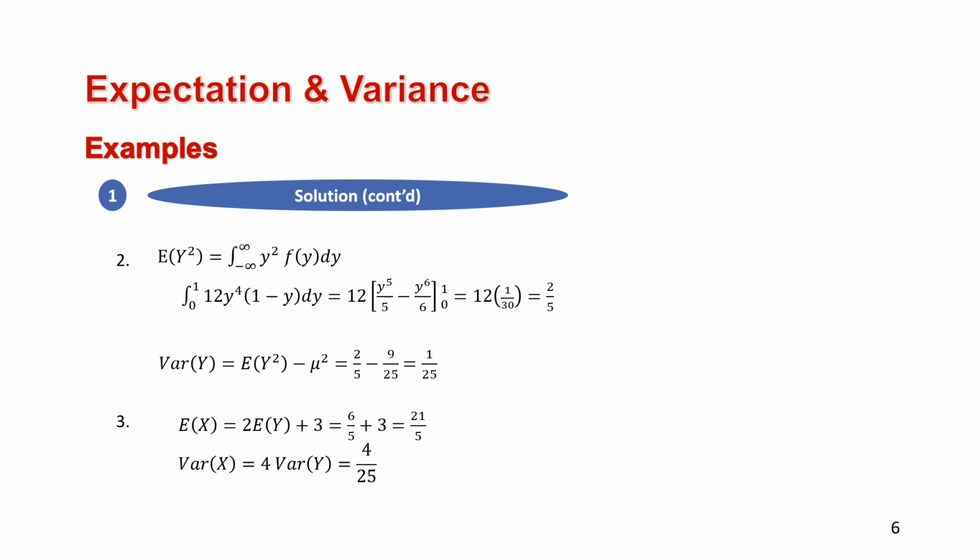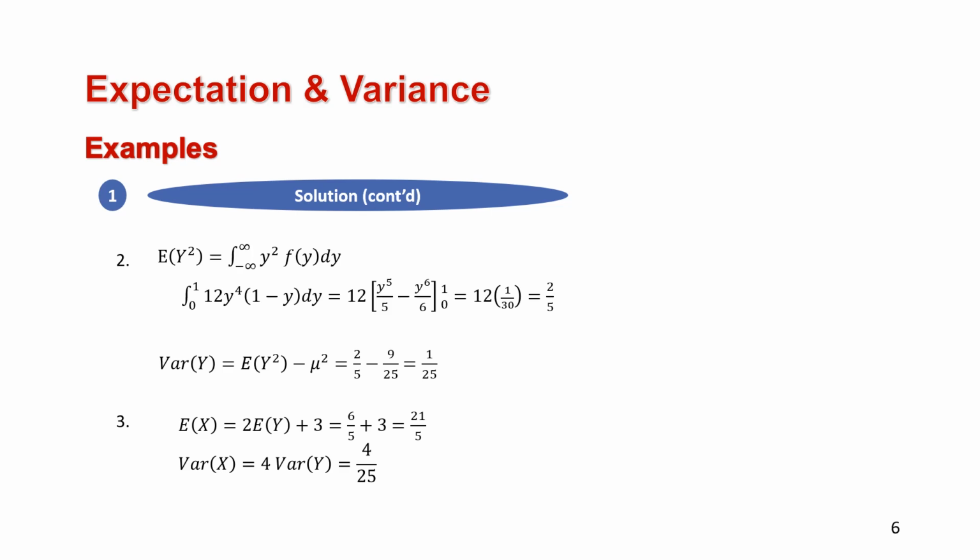What's the integration of y to the power 4? It's y to the power 5 divided by 5. And how can we integrate y to the power 5? It's y to the power 6 divided by 6. Okay, and then substitute. We will have 12 times 1 over 30, which is 2 over 5.